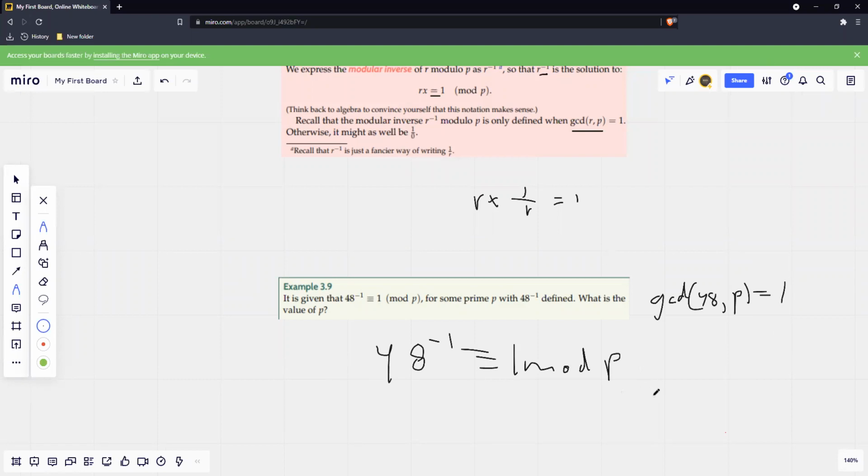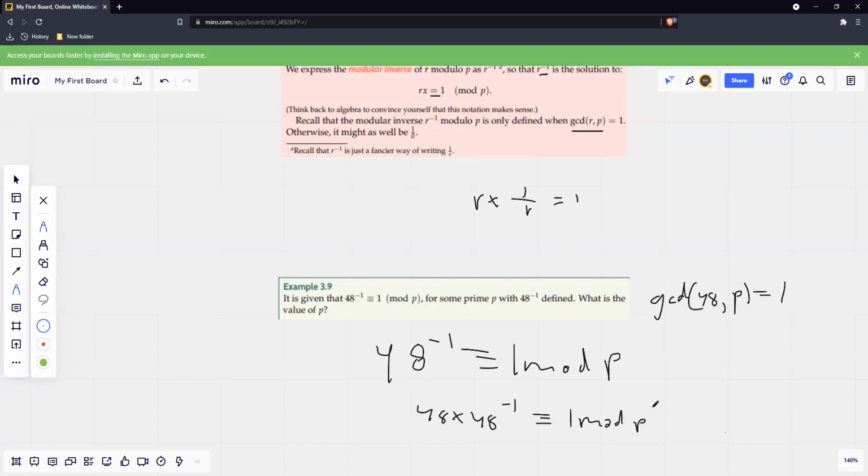So it is given that r is 48. R times x is congruent to 1 modulo p.